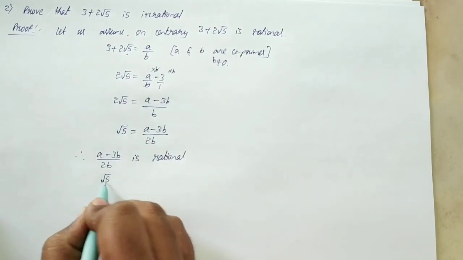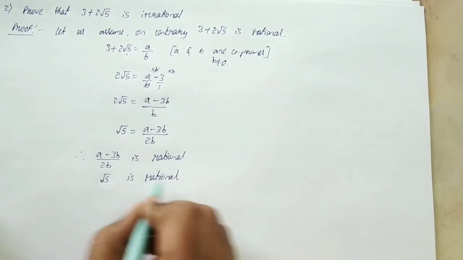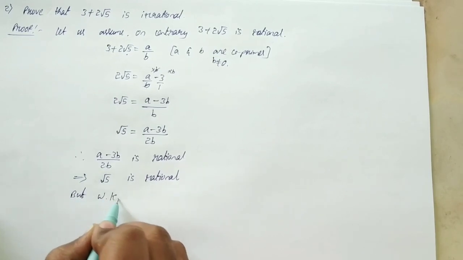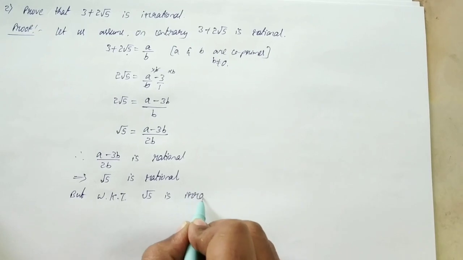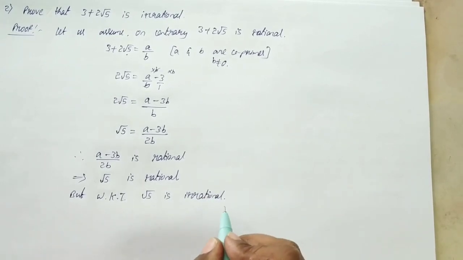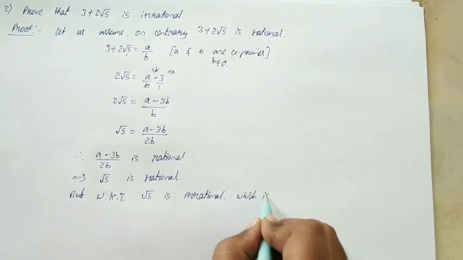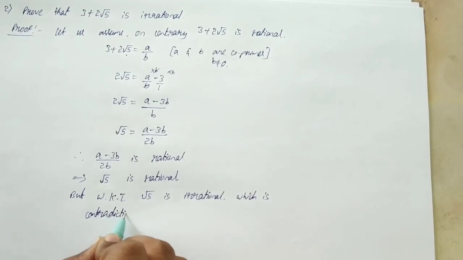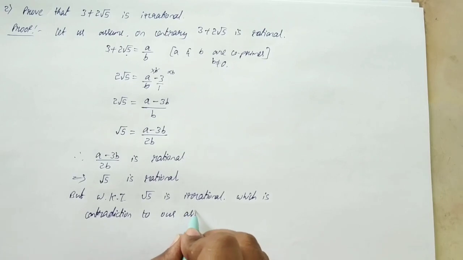That means root 5 is rational. But we know that root 5 is irrational, which is a contradiction to our assumption.